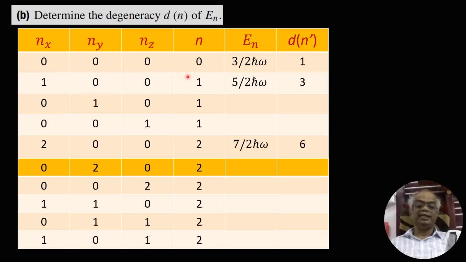As I said earlier, the ground state energy is 3 by 2 h cross omega. So now you have only one state, a single state. So degeneracy is 1. Here n is equal to 0. So generally, what is n prime here? n prime is equal to n plus 1.